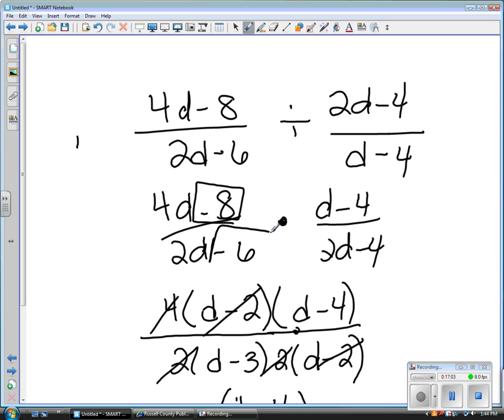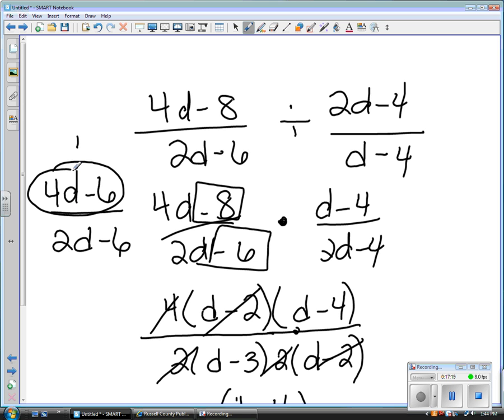And this 2D is hooked to, okay? Even if this was 4D minus 6 over 2D minus 6, you can't reduce to say, okay, that's 2, because your 6's are the same. No, because this is still different than this. So I can't just reduce this part.